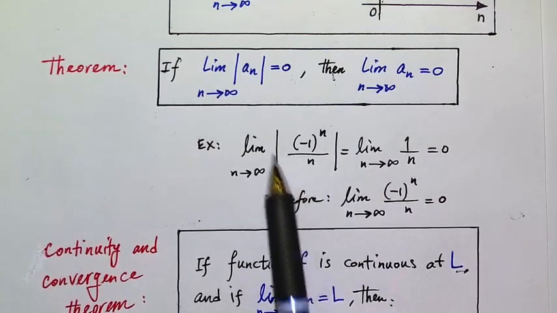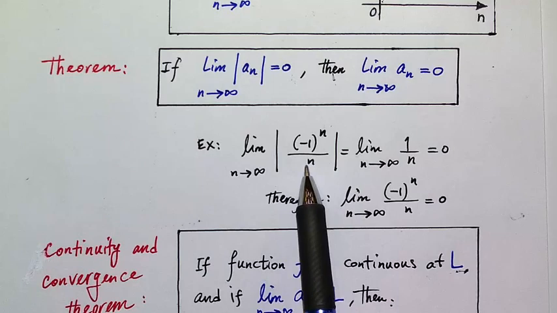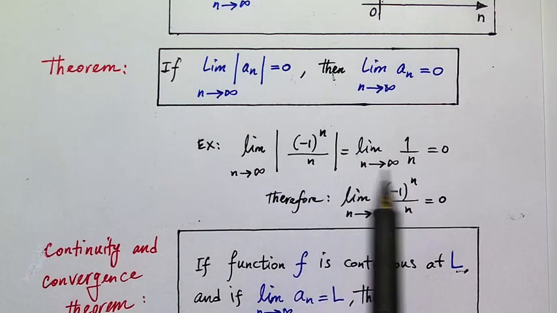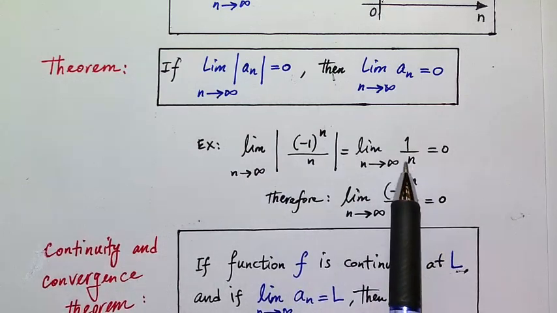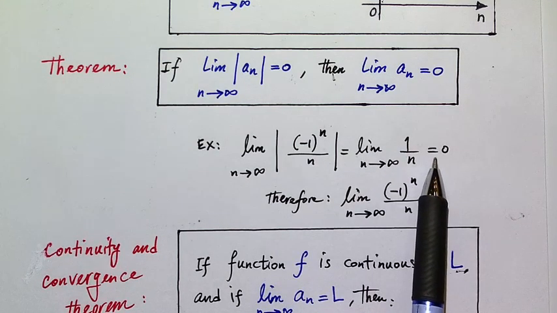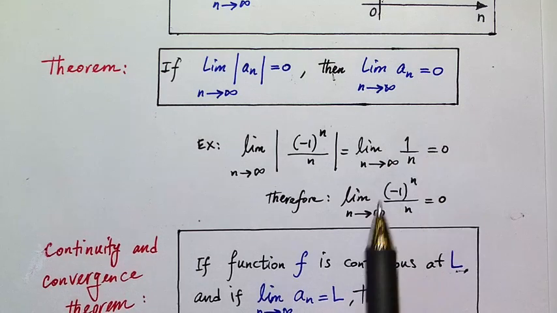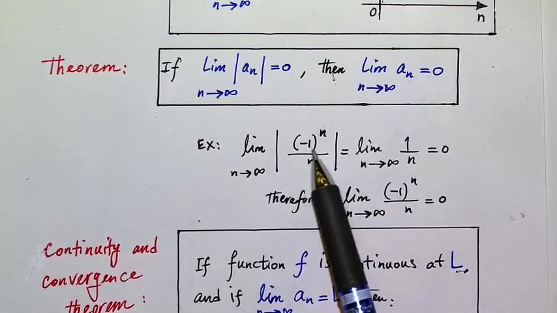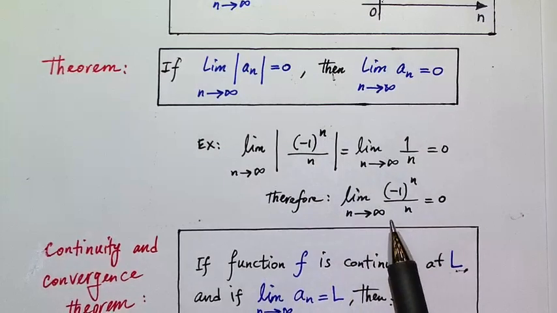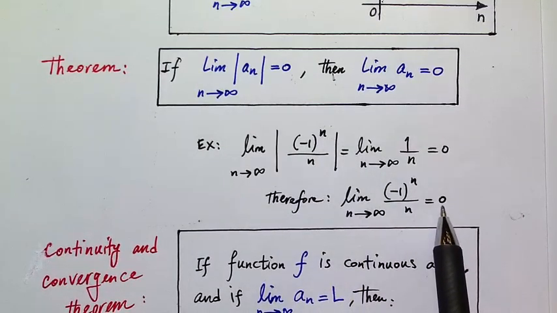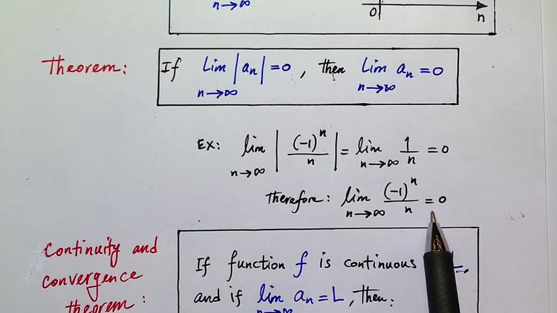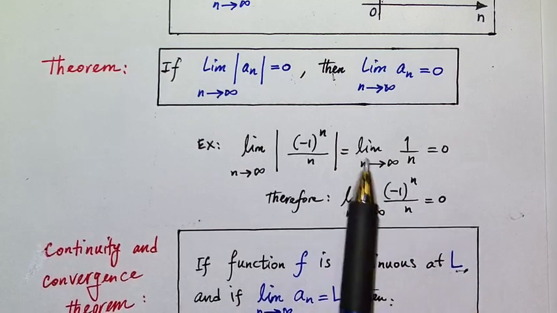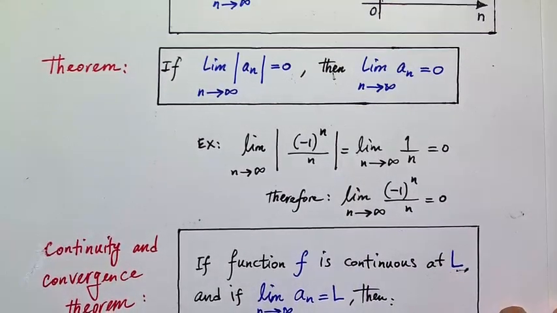You can treat the limit as if it was just positive 1 divided by n. And if it's equal to 0, then the limit of the original sequence, which had (-1) to the nth power, is also going to equal 0. So it's a very useful theorem here.